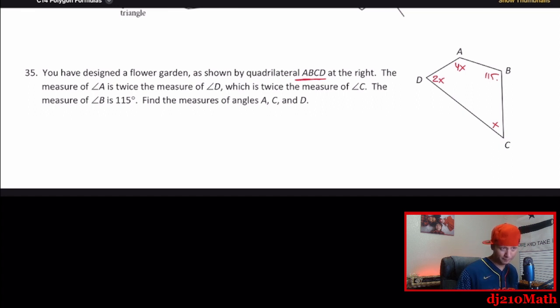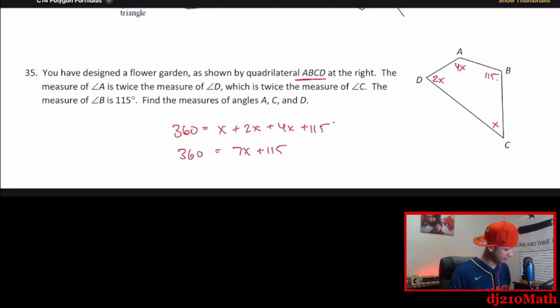So now this is a quadrilateral, so 360 degrees is equal to the sum of all these added up: X plus 2X plus 4X plus 115. So 1 plus 2 plus 4 is 7. This is 7X plus 115 equals 360.